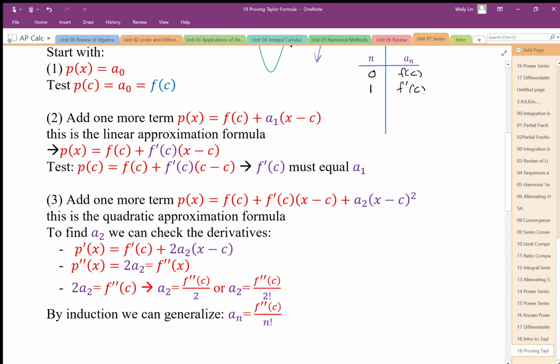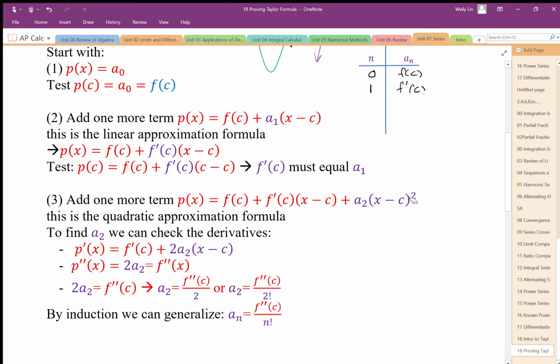I can find a2 by checking the derivatives. So what I'm going to do first is differentiate the p function once. f of c becomes 0, so that disappears. This is a linear function, so the slope of the linear function becomes the derivative.